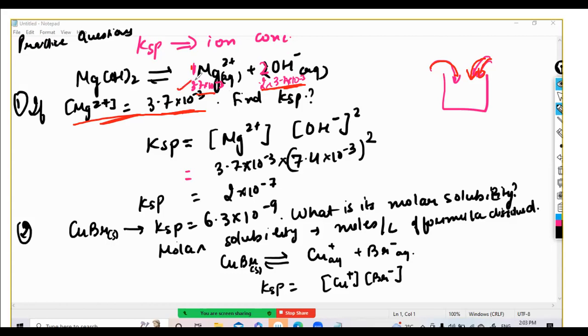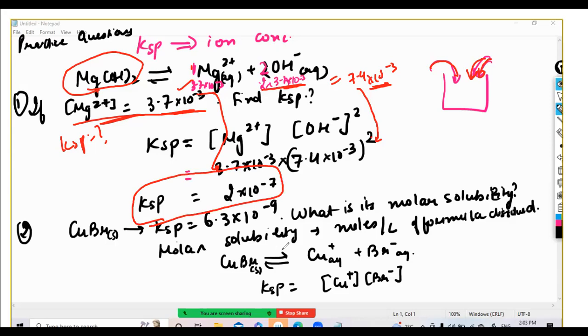So 2 times 3.7 would be 7.4 x 10^-3. For the Ksp value, which I need to find for this Mg(OH)2, I will put the concentration here for Mg, and then 7.4 for the OH, raise it to the power 2, and then just calculate. This will be your answer.